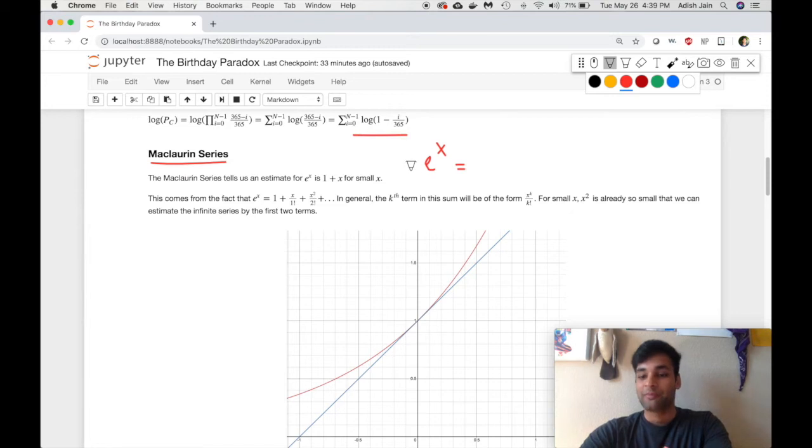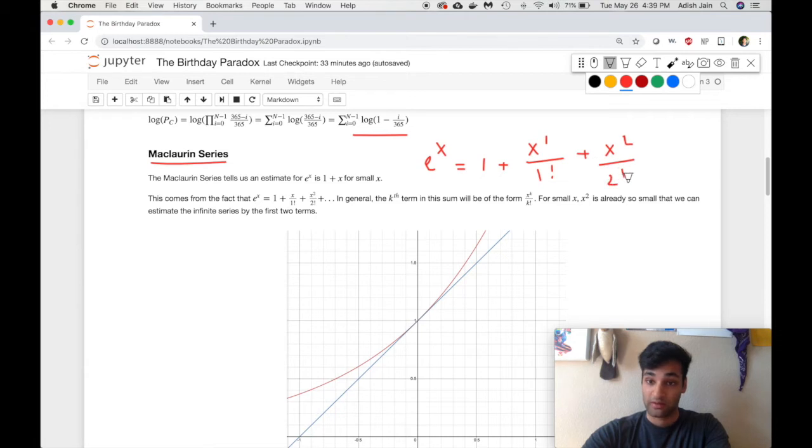The Maclaurin series basically tells us that e^x, and this is actually just the definition of e^x, is 1 plus x to the 1 over 1 factorial plus x squared over 2 factorial, and so on, right?